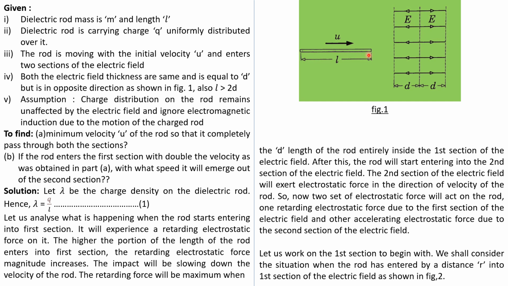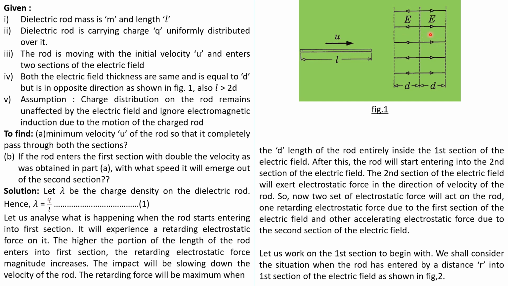This is the rod. The length of the rod is L, mass is m, and it is projected with a velocity u parallel to the E field. The E field starts from this boundary and ends here. If you notice, the E field as per the question is given that in the first section it is opposite to the direction of motion of the rod, so in this direction.